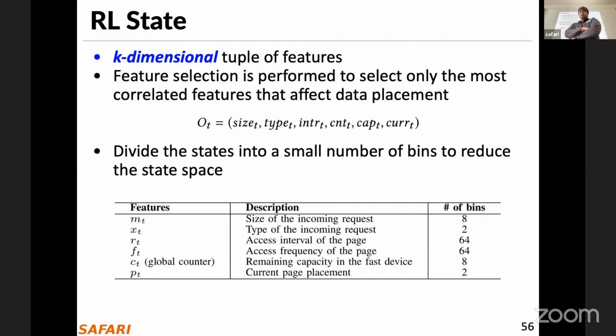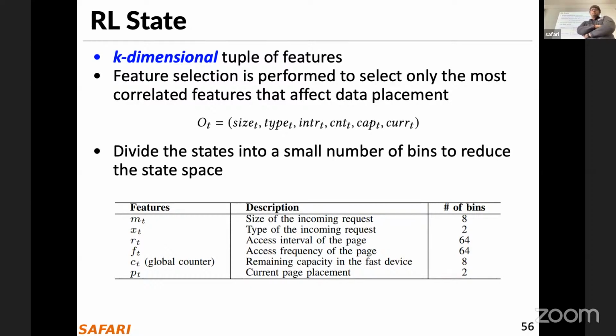But I should also say that the implementation of the Oracle is a very subjective thing, because we don't have a clear Oracle like Belady's MIN policy for caches, the Belady selection policy. In this case, we need to take into account, let's say, the migration of the pages, the size of the fast device capacity, and things like that.